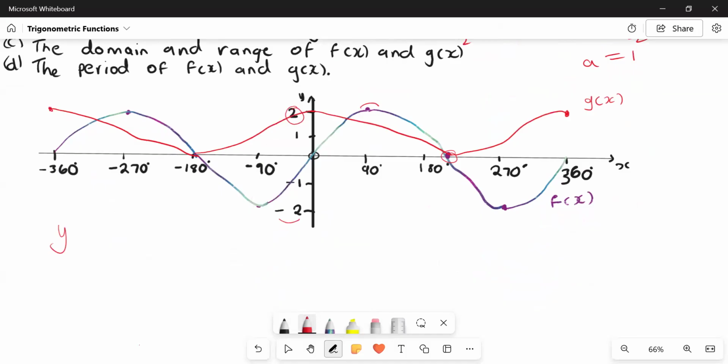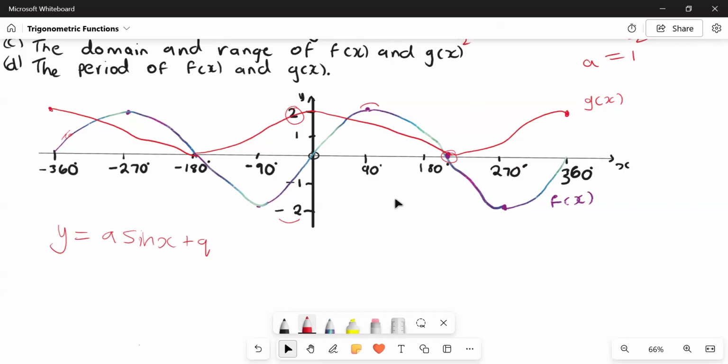You'll have your y equals a sine x plus q, right? For sine x, it's this graph, ne? So for sine x, our amplitude we said is what? 2.